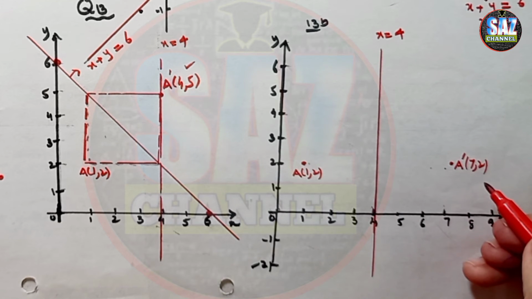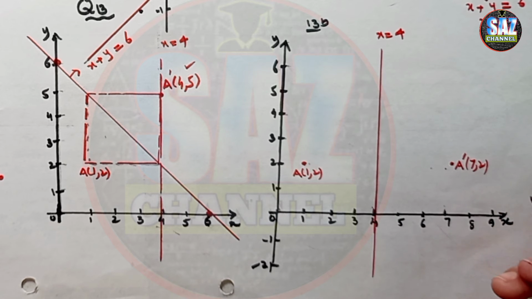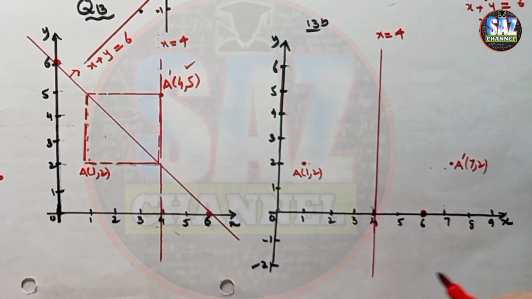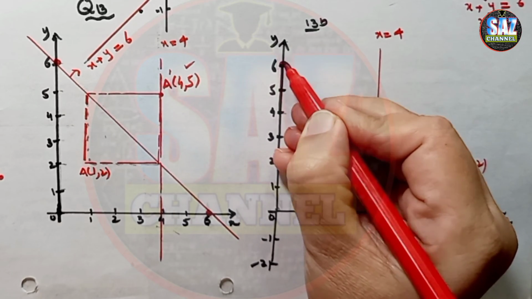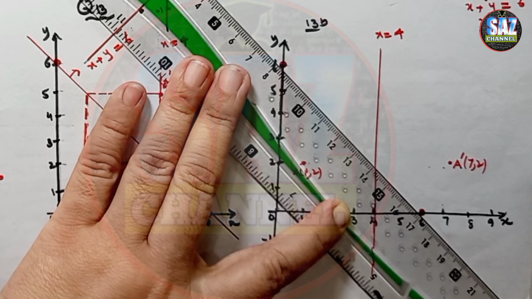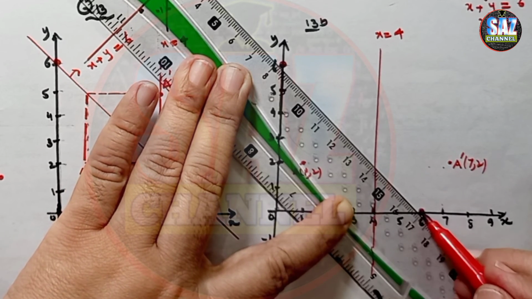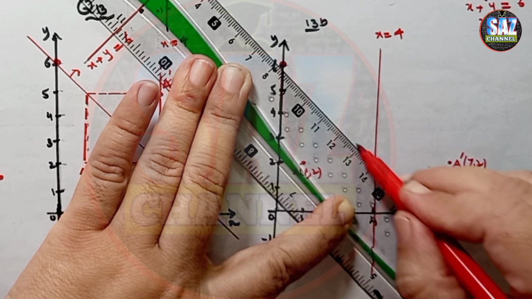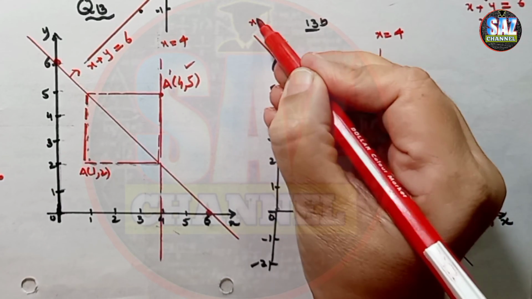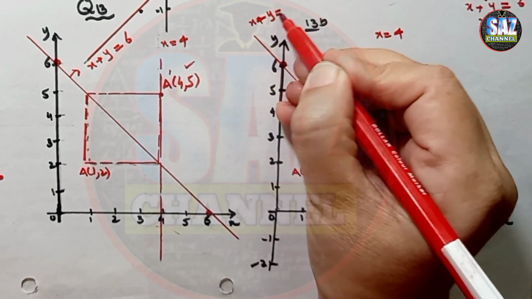Then I have to reflect that in x plus y is equal to 6. Again I have to draw the line x plus y equals 6. Very easy line. I have to mark the equal intercepts, and then I have to pass the line through these two points, and this is the line x plus y equals 6.